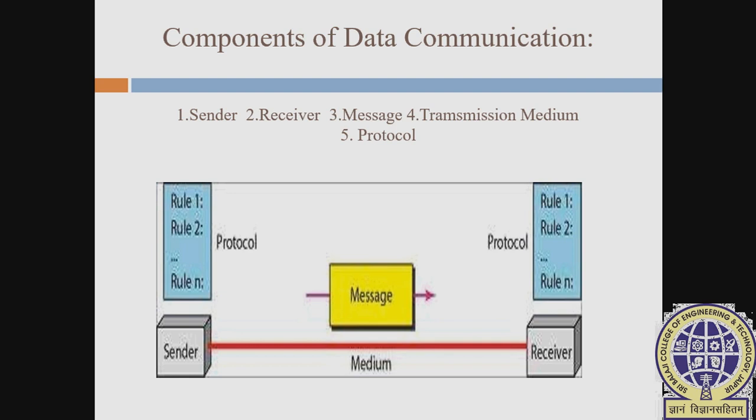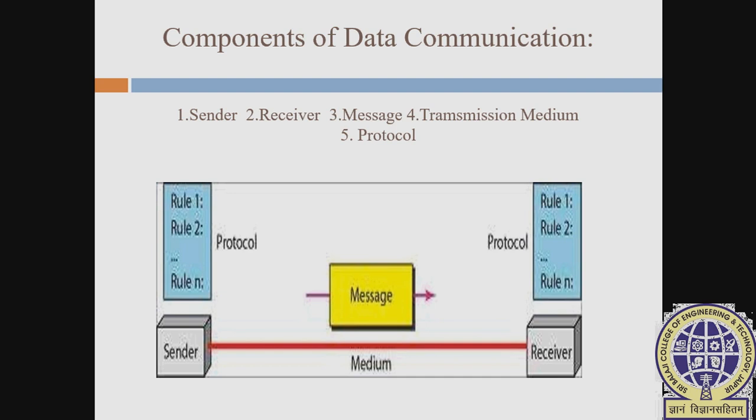Dear students, you all know about senders, receivers, message, transmission medium, but you may not be aware about protocols. Let's start with protocols. A protocol is a set of rules, like you don't send this kind of information to the internet, that kind of information to the internet.